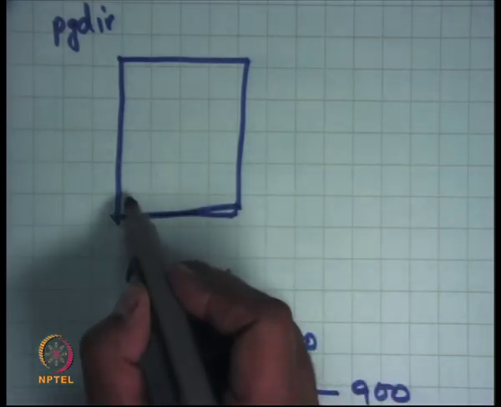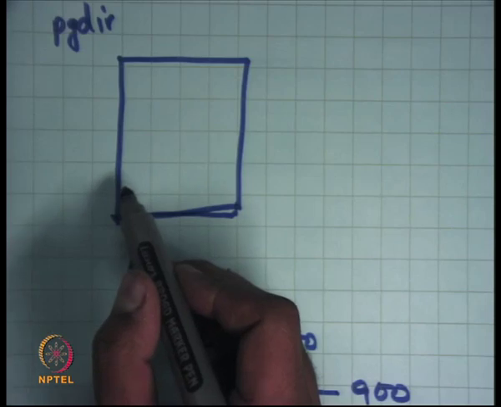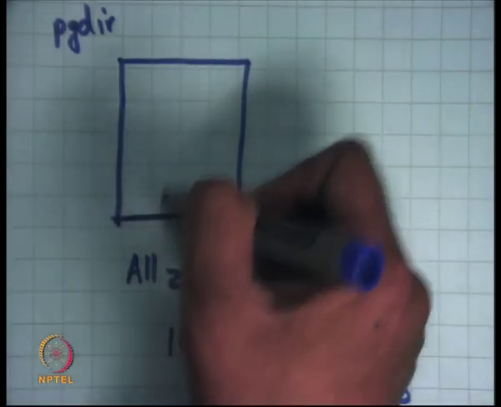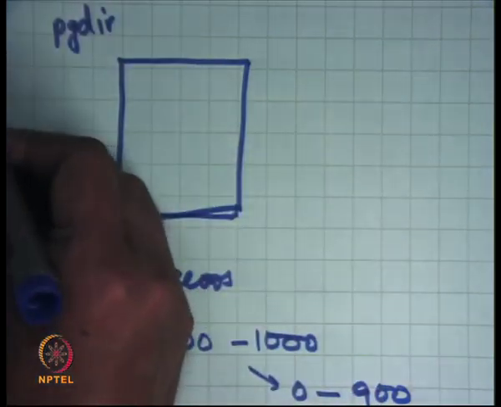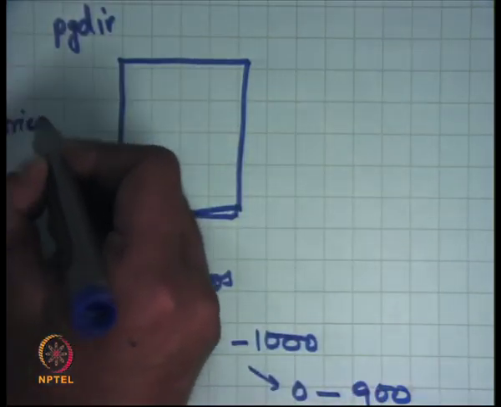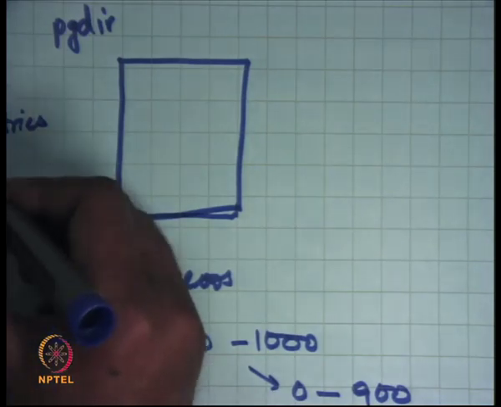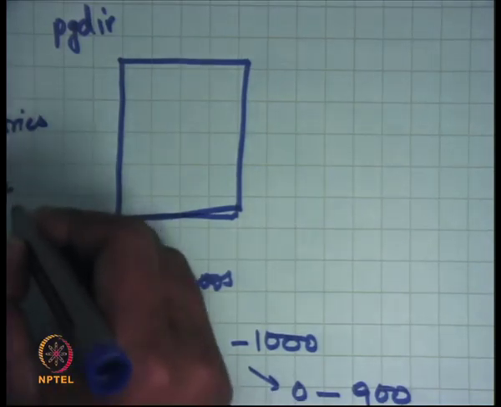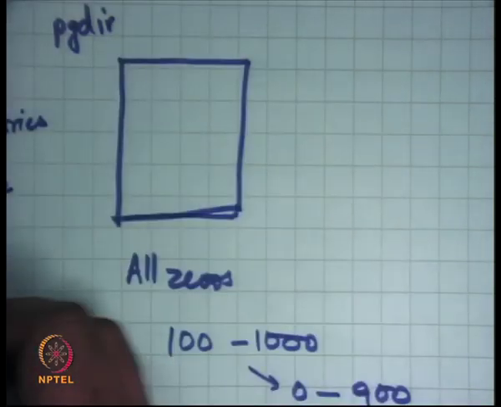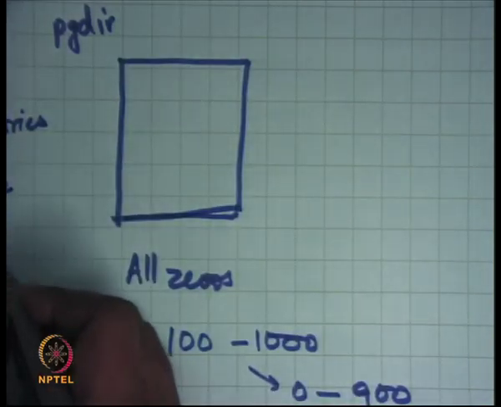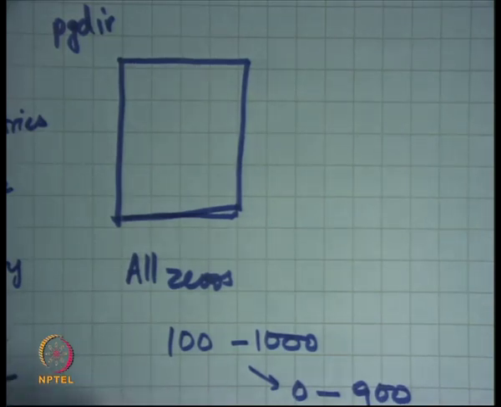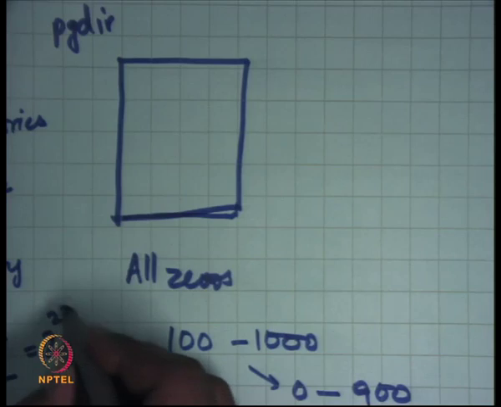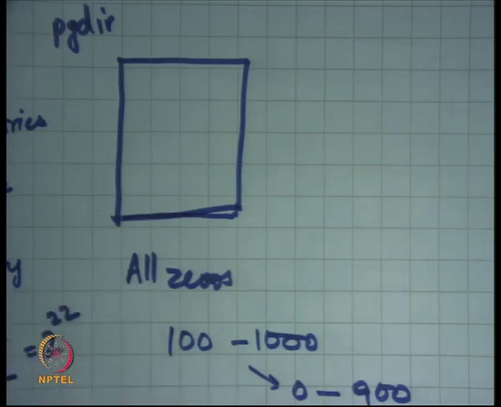address 100 is represented by entry number 0, right. Each entry here represents a 4 MB region, right, because these are 2 to the power 10 entries mapping a space of 4 gigabytes, right. So one entry is mapping 2 to the power 32 divided by 2 to the power 10, which is 2 to the power 22 address space, which is 4 MB, right.